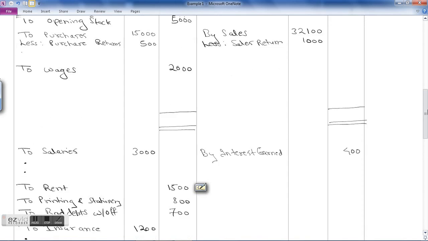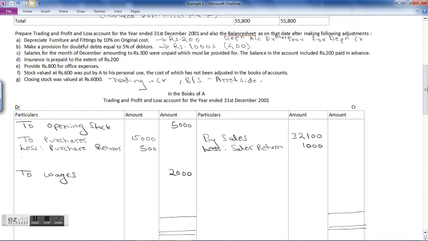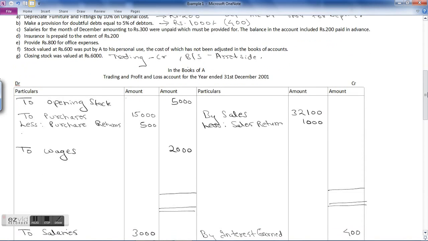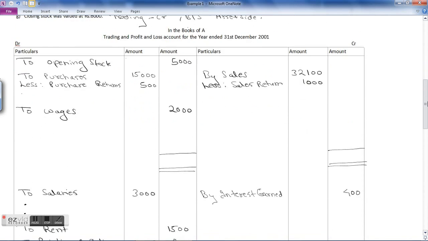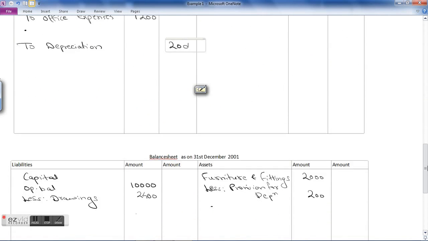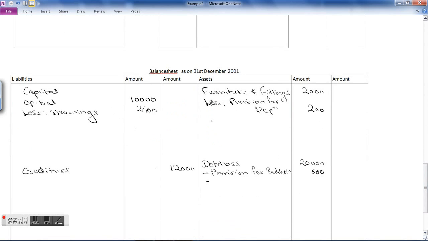Provision for depreciation is already having a credit balance of 200, so now the additional provision will increase the balance of provision for depreciation. Since we are crediting that account, in the balance sheet asset side, provision for depreciation is already having a balance of 200.